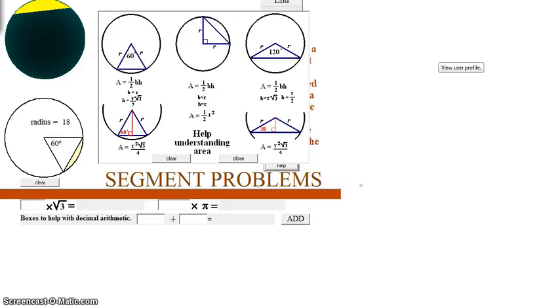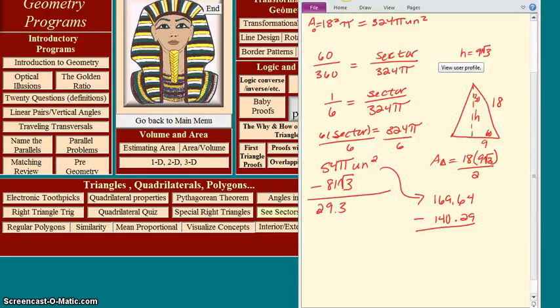Height is the radius times the square root of 3 divided by 2. Oh, they're doing the area of this. Yeah, so all that makes sense. So, oops.